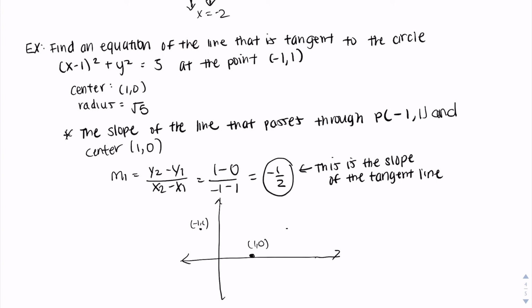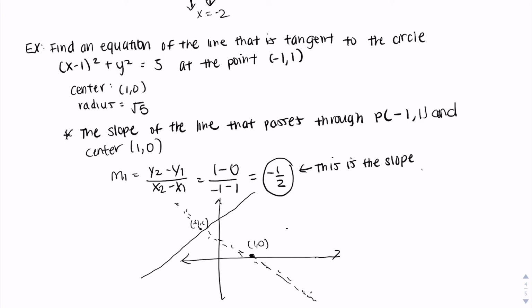Hold on. What I was saying before is not correct. This is not the slope of the tangent line. This is just the slope of the line that passes through these two points. So this is actually the slope of this line, the dotted line, which is equal to negative 1/2.